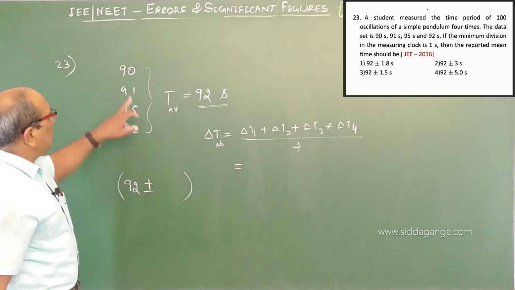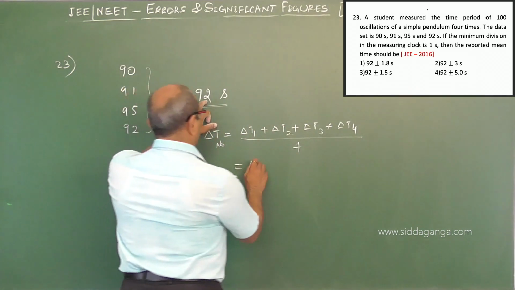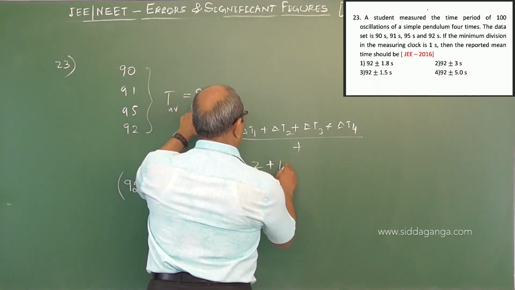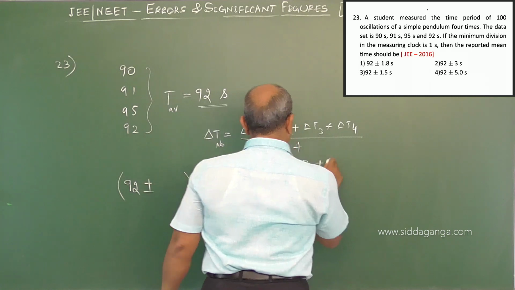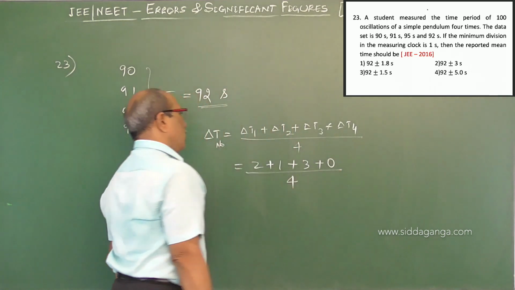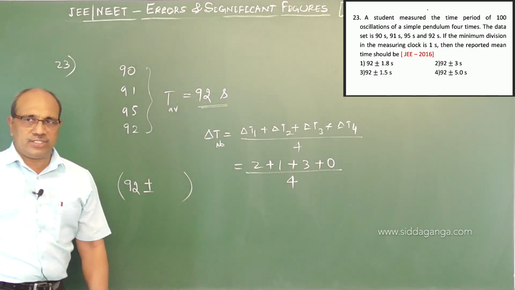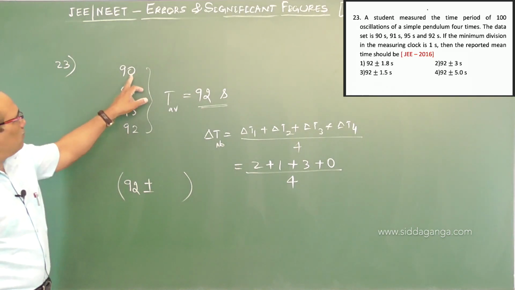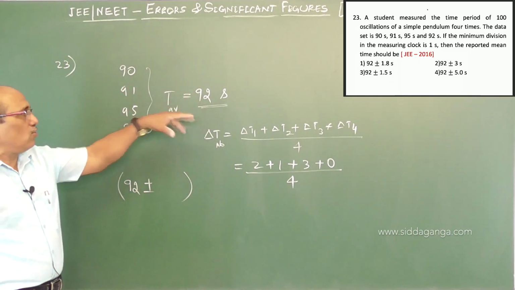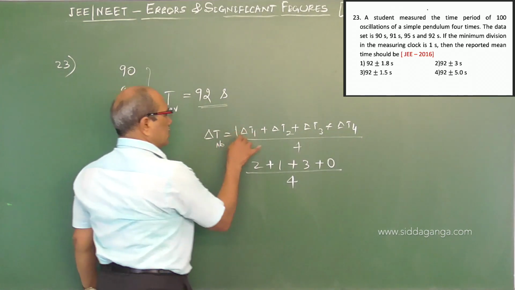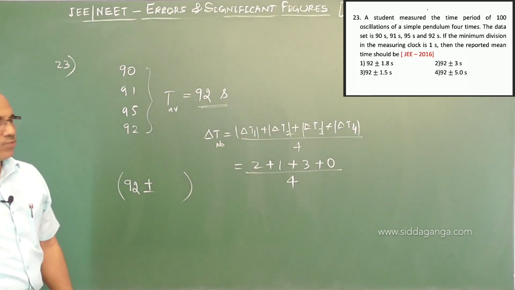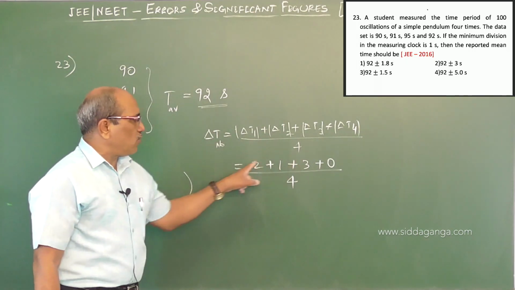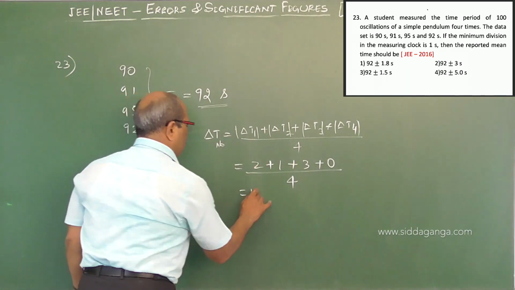This also can be directly written, 92 minus each value: 2 plus 1 plus 3 plus 0 divided by 4. Don't take the minus sign, it is deviation. In one case it is 90 minus 92, you may be thinking, but I say these are all modulus values, no negative values. 2 plus 1 plus 3, 4 plus 2 is 6 by 4 is 1.5.